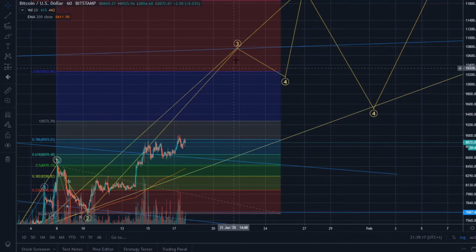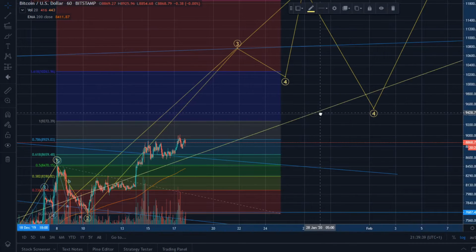Typically those extensions do not only get touched but overshot a little bit. So from this point of view, it would be very fitting if Bitcoin touched this trend line, which, judging by the price movement and factoring in the time factor, there's a good possibility that we get a price target at around $10,750 approximately before the next major correctional move.